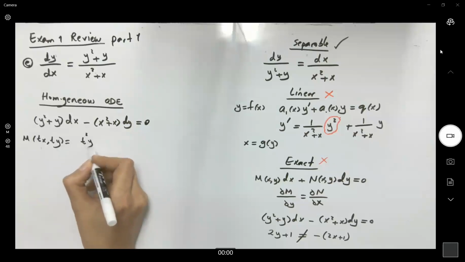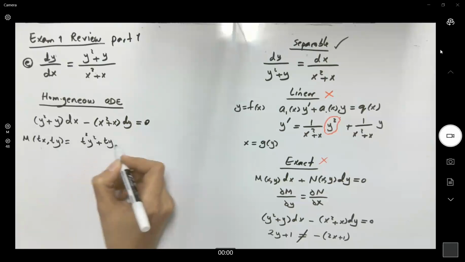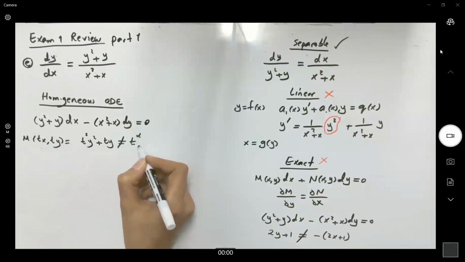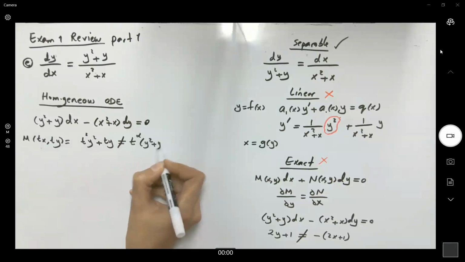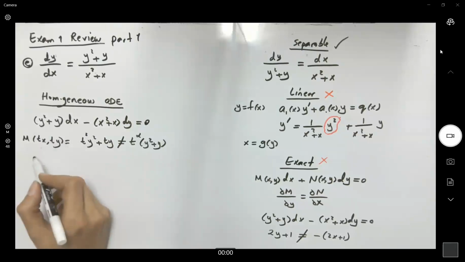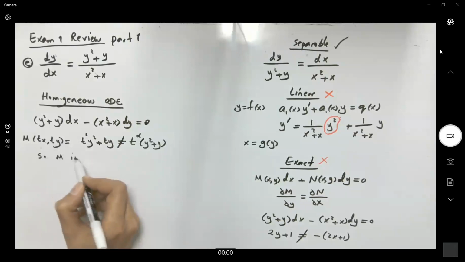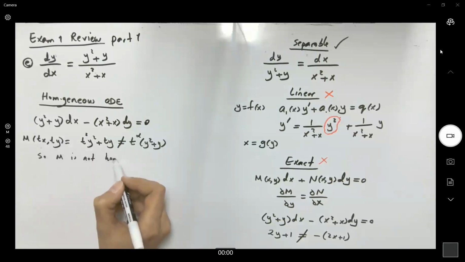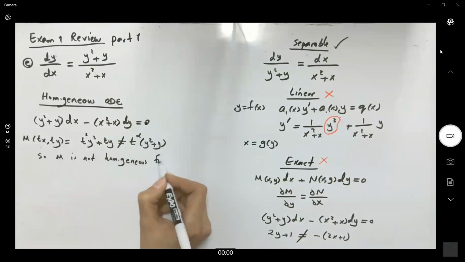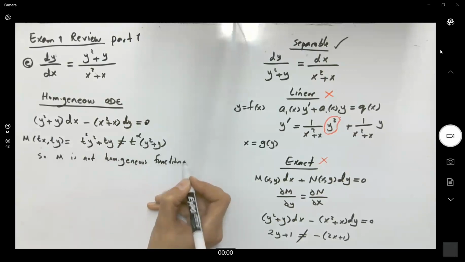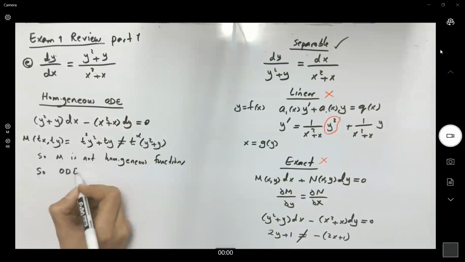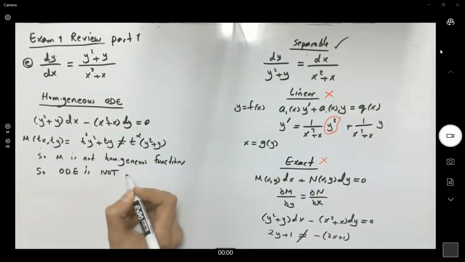We get t squared y squared plus ty, which cannot be written as t to the alpha times (y squared plus y). So there is no way M is a homogeneous function. So M is not a homogeneous function. So the ODE is not homogeneous.